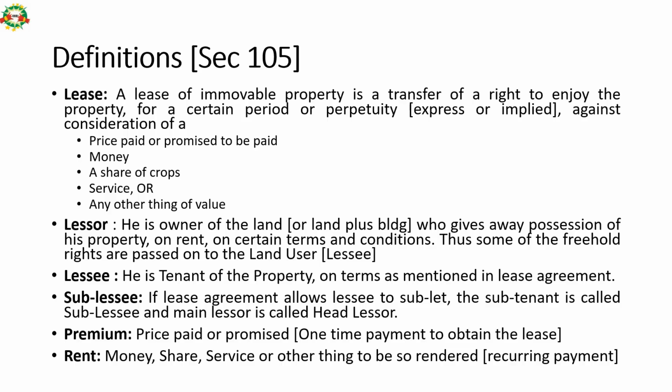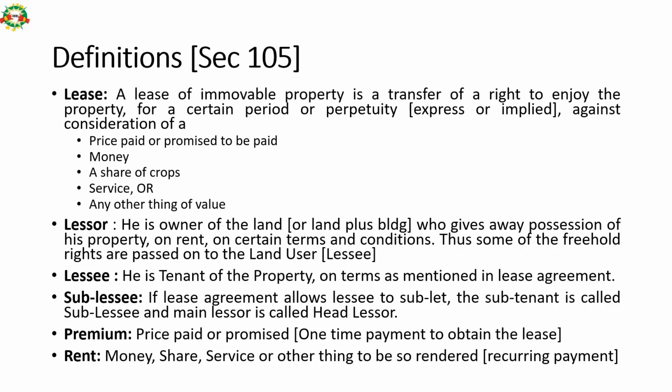Lessor is the owner of land or land plus building who gives away possession of his property on rent on certain terms and conditions. Some of the freehold rights are passed on to the land user, that is the lessee. Then lessee is the tenant of the property on terms as mentioned in the lease agreement.